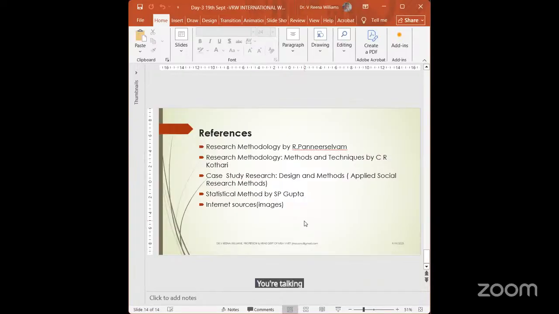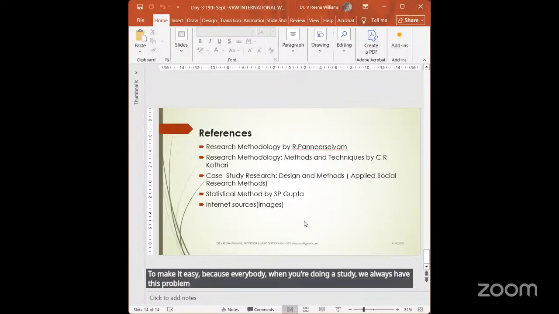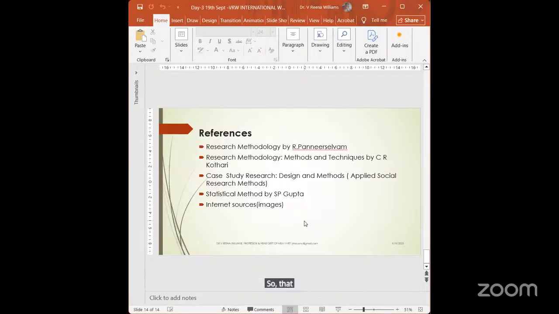You're talking about random sampling, right? Yes, ma'am. See, generally, to make it easy, because when you're doing a study, we always have this problem of knowing whether the number of samples that we have chosen is right. So, to make it easy, we have these two formulas.